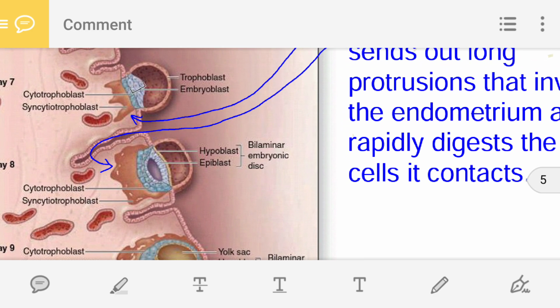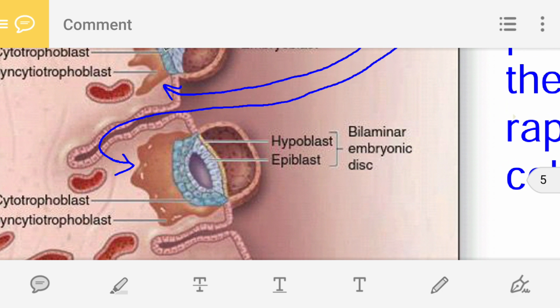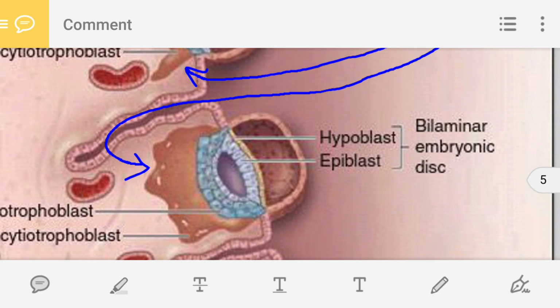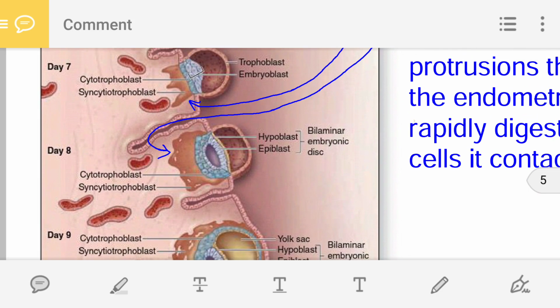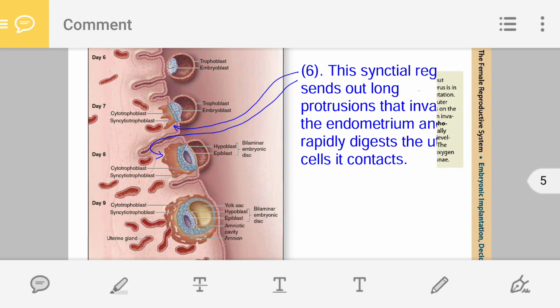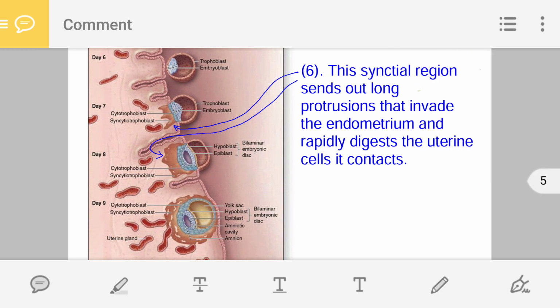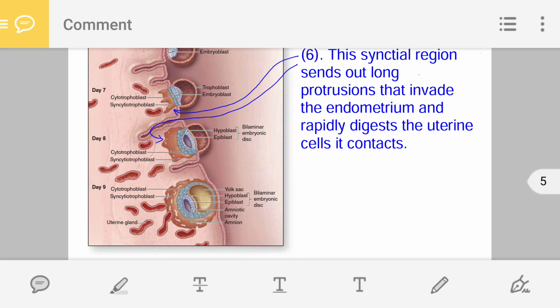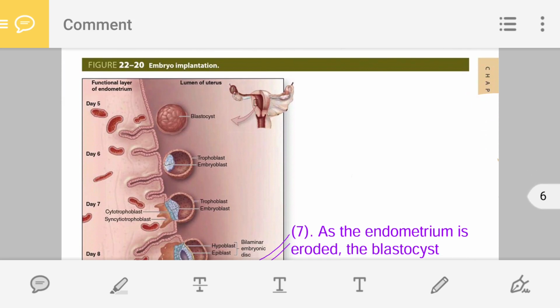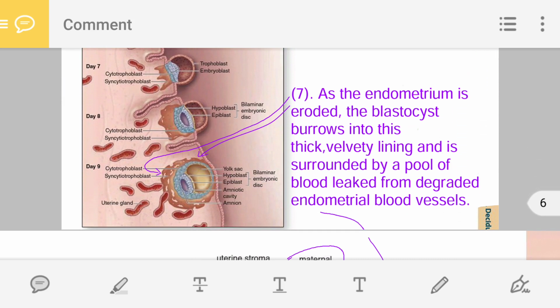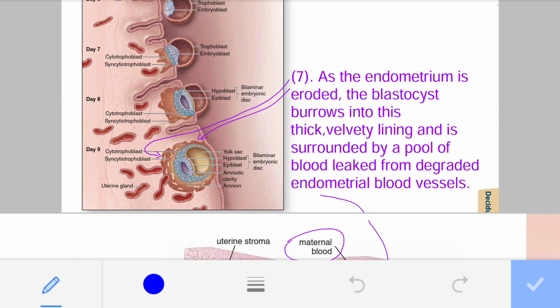So you see this protrusion. These protrusions, which are cytoplasmic and multinuclear, are eroding the endometrium. So now the endometrium is eroded due to this cytoplasm.